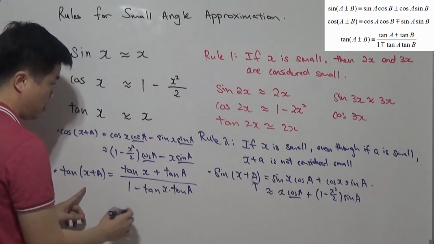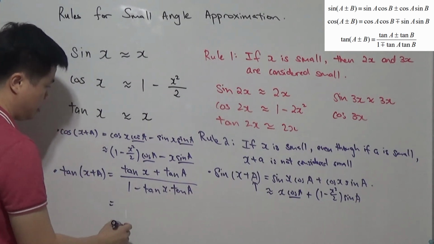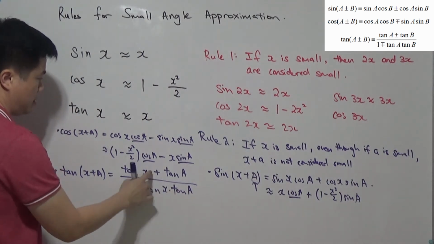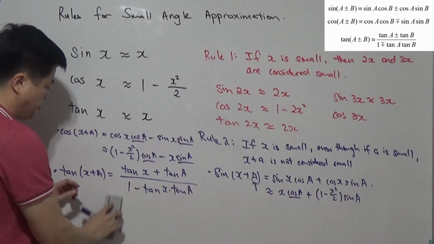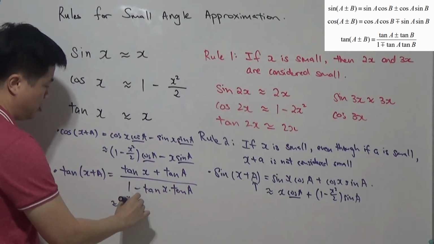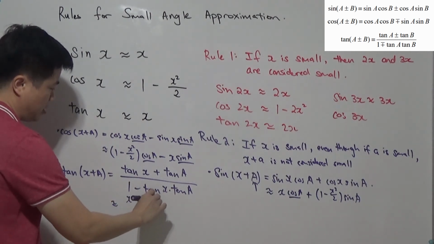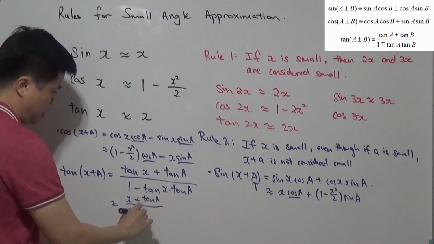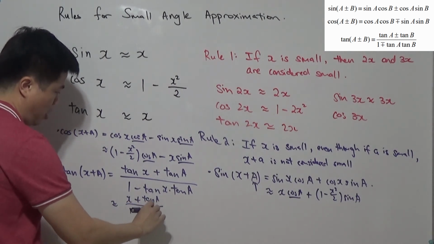Then you can go ahead and simplify this to figure out what this is and this is. But if you were to use the small angle approximation, then this will reduce to x plus the known value of tangent a over 1 minus x times the known value of tangent a again.